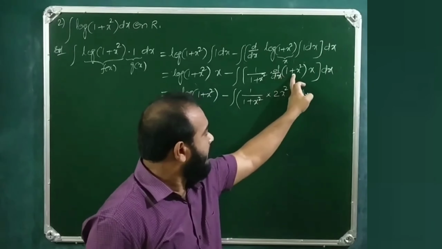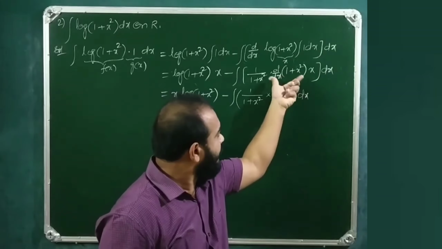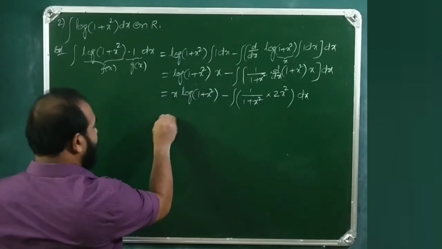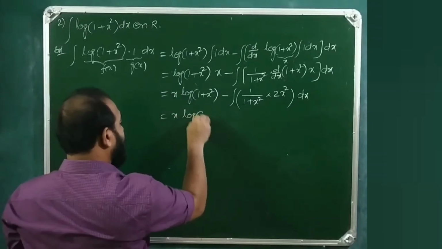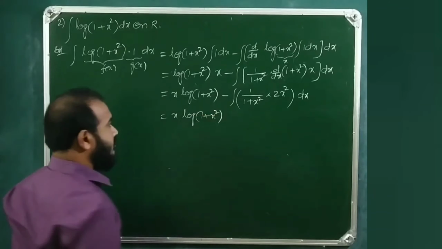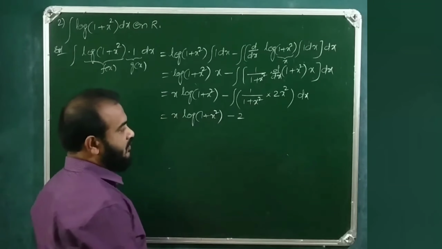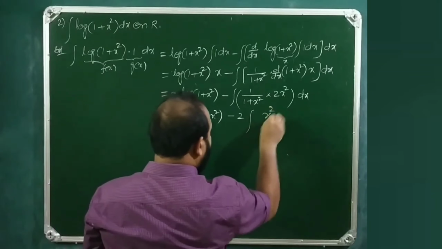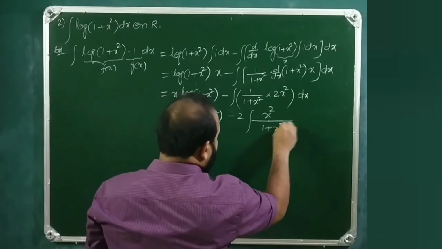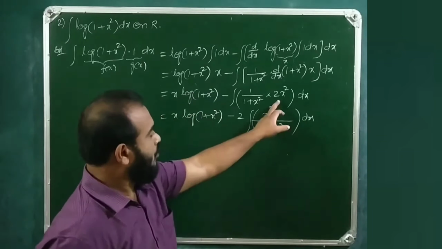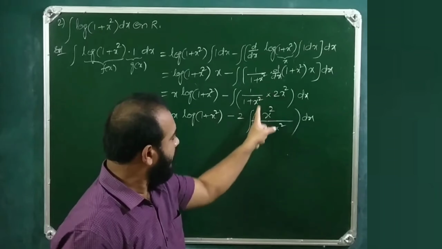D by dx of 1 plus x square, x square derivative is 2x. This is 2x into x, 2x square. So this is x log 1 plus x square minus 2, I am separating it from the process of integration, x square by 1 plus x square dx. 2 I have written here. This is x square by 1 plus x square.